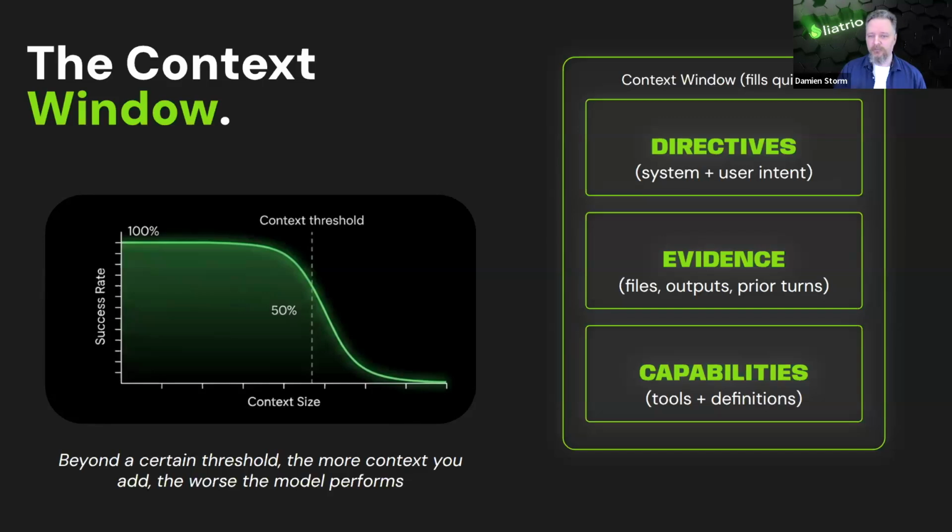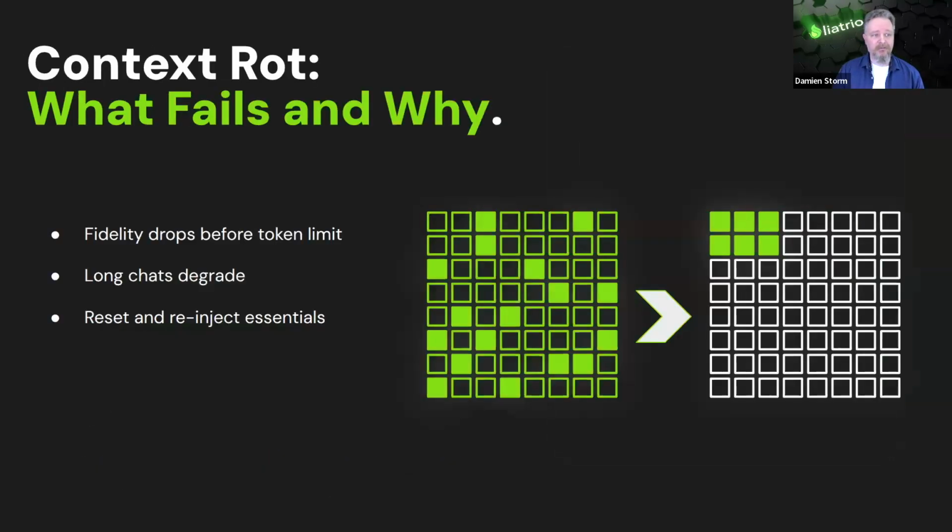Because when that workbench gets overloaded, you hit one of the most common failure modes in AI, and that is context rot. Context rot is the idea that that very important tool has fallen off the workbench, or that important document about how this particular API contract is supposed to work is no longer even in the focus of the LLM anymore.